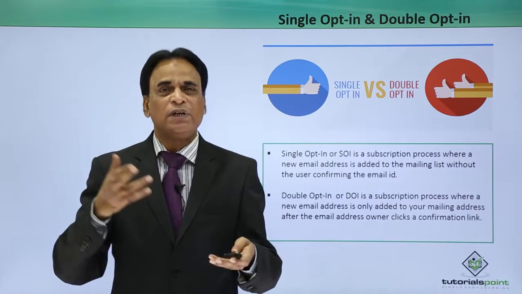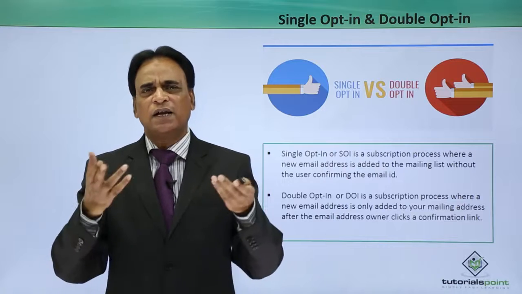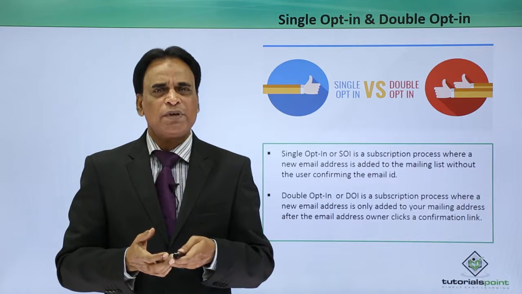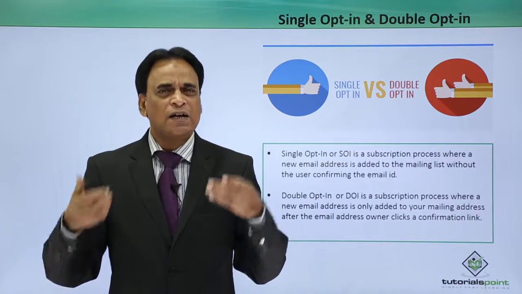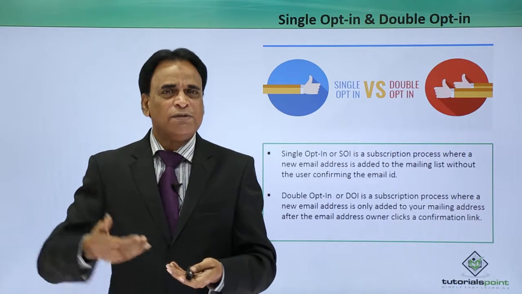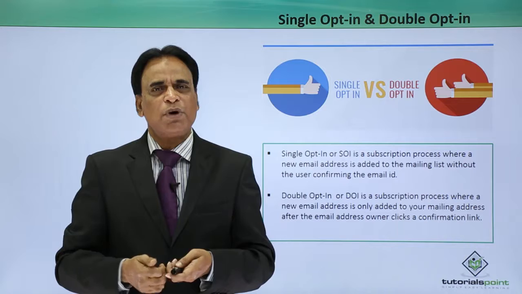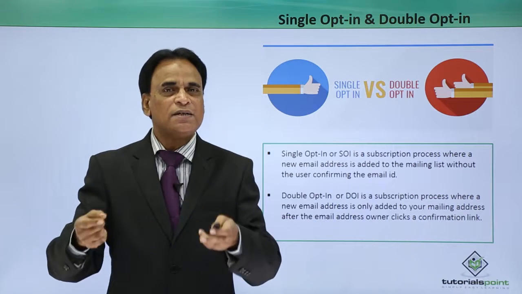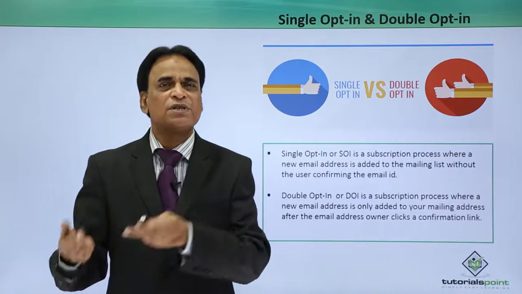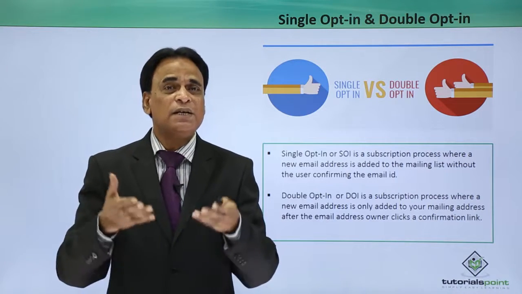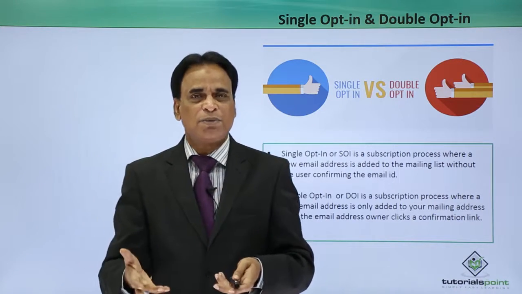Leave your name and your email ID. I like it, I want some more information from them, so I leave my name and my email ID and submit. As soon as I submit, the first email arrives in my inbox from them. That is single opt-in. They are not confirming whether I am a genuine person or whether my email ID is correct. This is single opt-in.